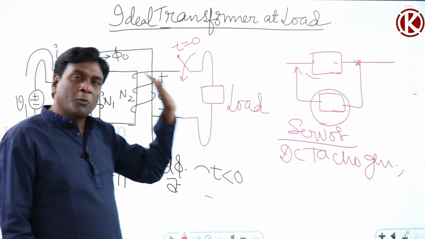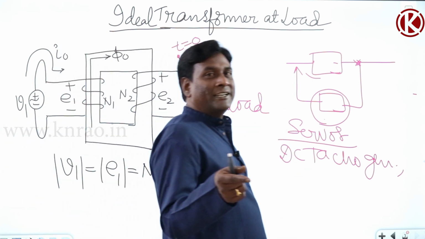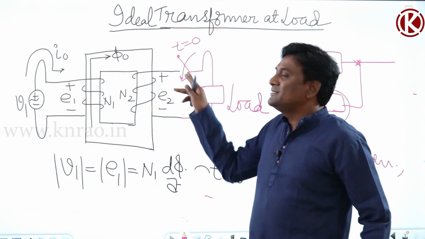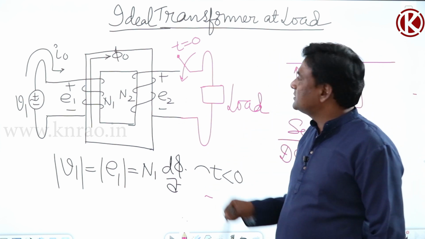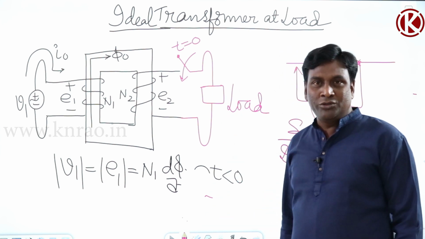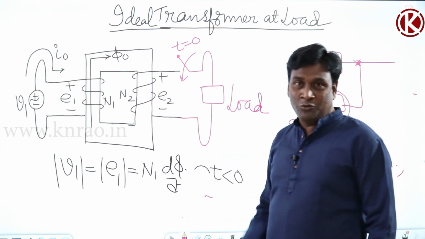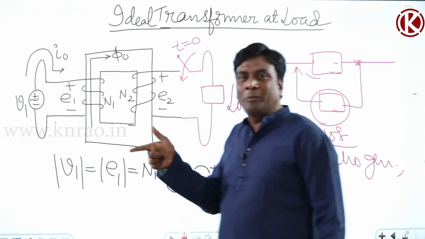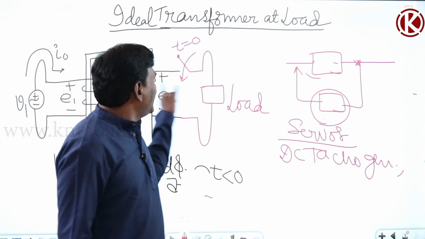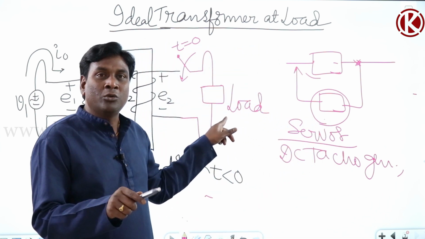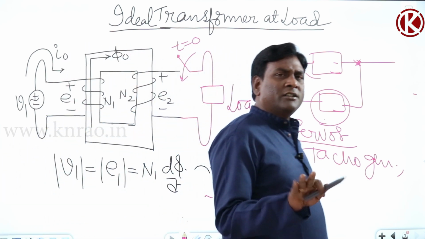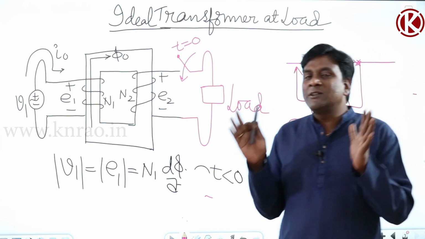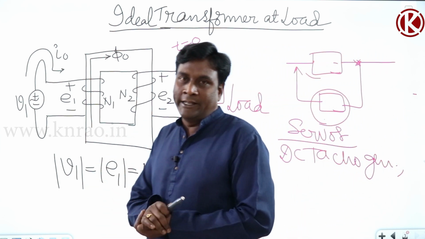My machine is supposed to work most of the time in steady state, so transient behavior is not analyzed. So I should not say the switch is closed at t equal to 0, so at t less than 0 the switch is open, and immediately after 0 plus the current flowing will be 0. Analyzing the transient condition is wrong, because once it dies out, the machine works in steady state most of the time.